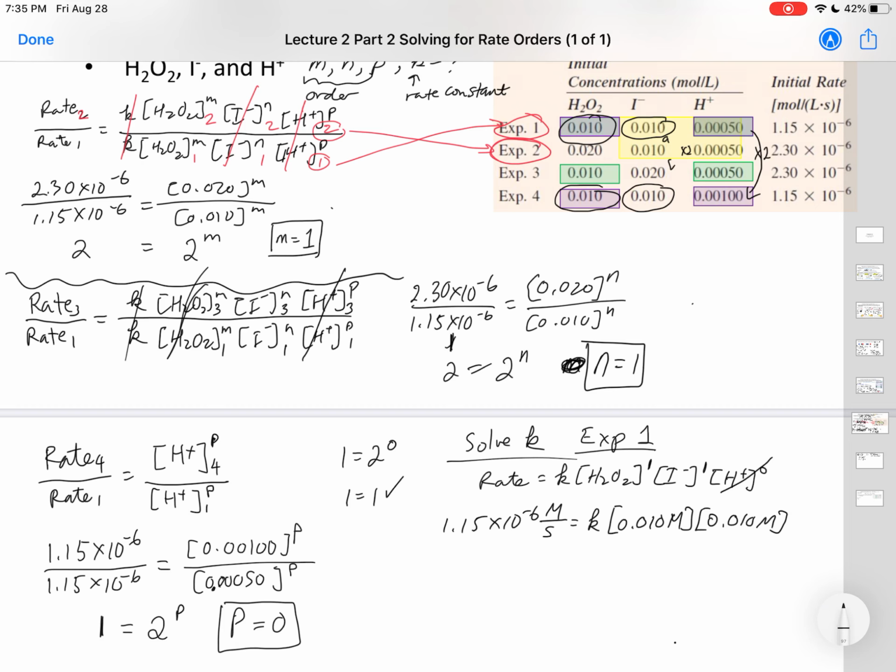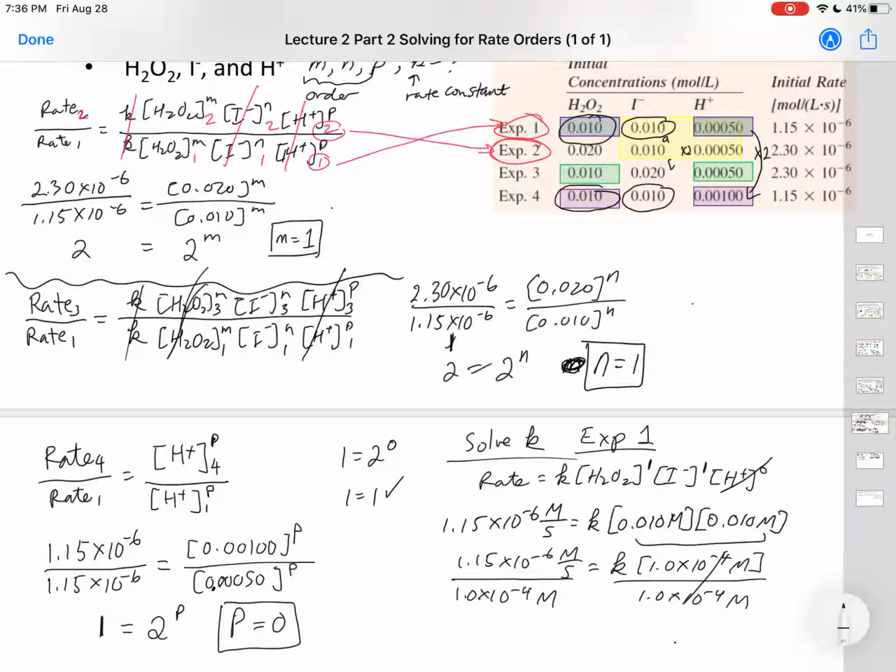Okay, so to solve that, I get 1.15 times 10 to the minus 6 M over s is equal to K. I'm going to multiply these two together and get 1.0 times 10 to the minus 4 M. So to solve for K, I'm just going to divide this side by 1.0 times 10 to the minus 4 M. Sorry, it should be M squared.